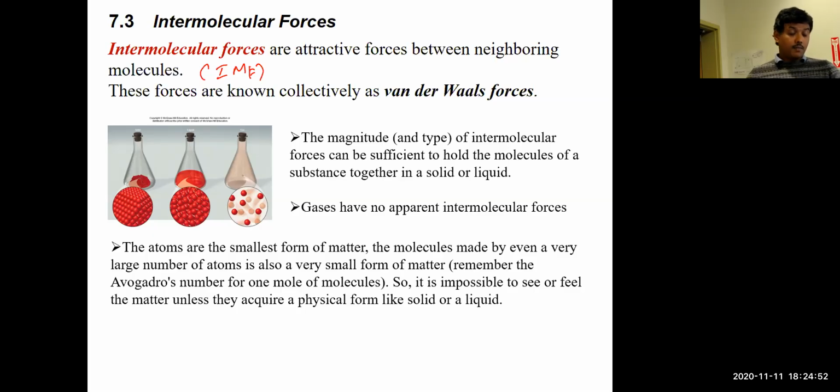Because atoms are really tiny, individual molecules made up of atoms are also really tiny. As a result, we cannot see them. So if you're seeing any matter with your naked eye, it is because there is an interaction between those molecules that is keeping them together. Intermolecular forces are one of those interactions.